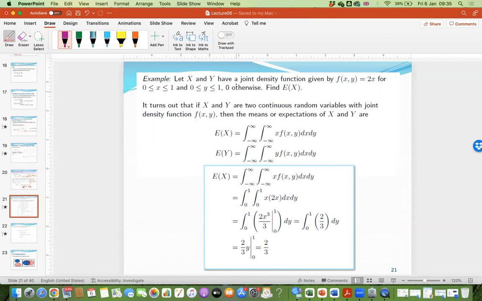Let x and y have a joint density function given by f(x,y) is 2x for the condition x is between the range of 0 to 1, y is 0 to 1, 0 otherwise. Find E[X]. We know that we want to find E[X].